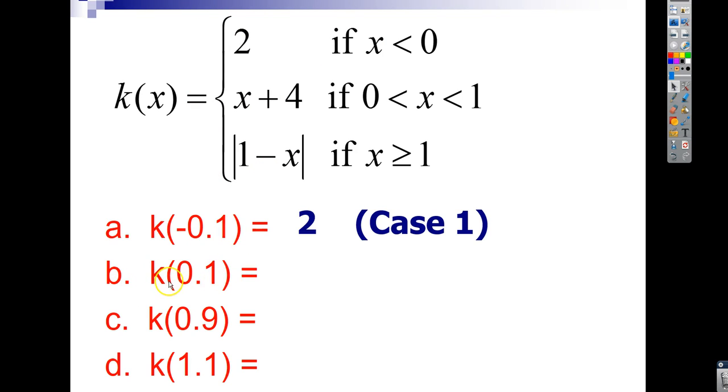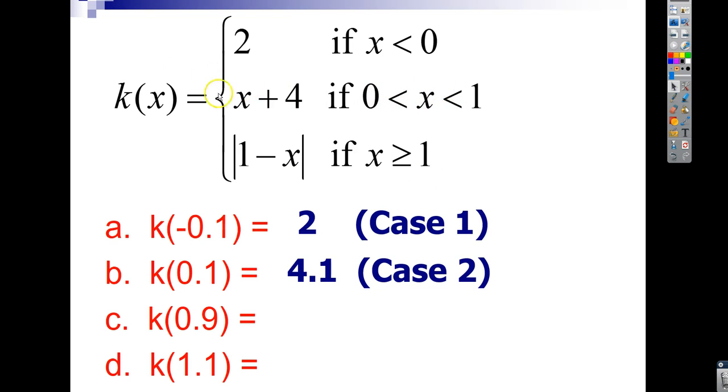So here we look at k of 0.1. Well, that would be between 0 and 1, so we're going to have to use this, which means we put 0.1 in place of x, and then we add 4. So that would give us 4.1. Here's 0.9. Well, 0.9, again, is in between here.